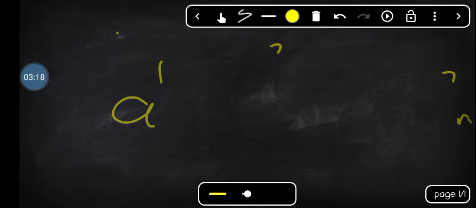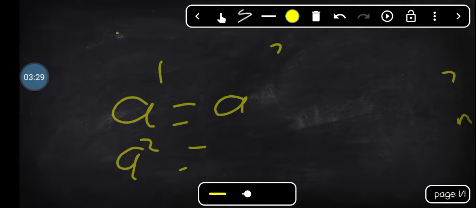That means a will appear one time, that is a. Let's say we have a raised to power 2. So a will appear 2 times, that is a times a.